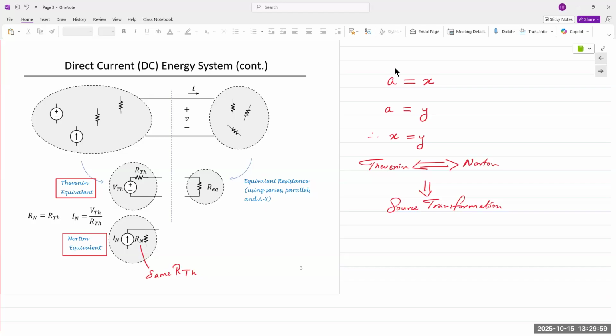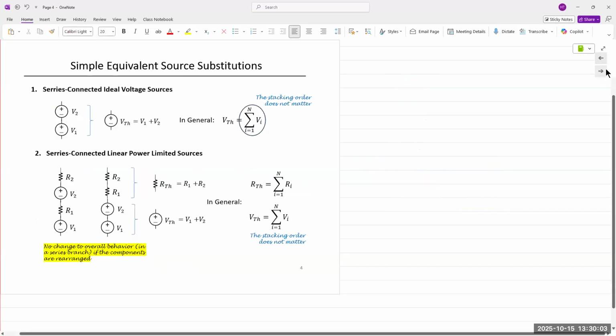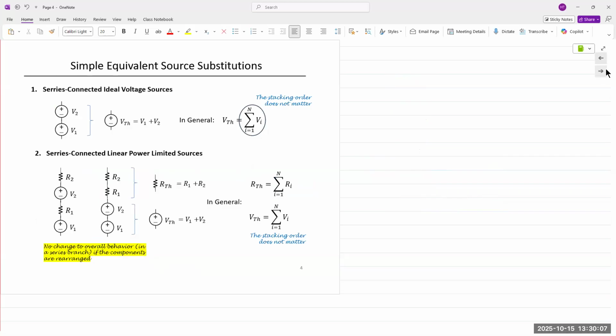So after this introduction, let's look at a couple of examples. We have two voltage sources connected in series. We can simply sum them up, especially if they're connected back to back with positive, negative, positive, negative.